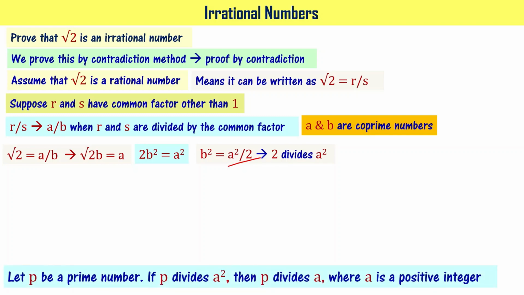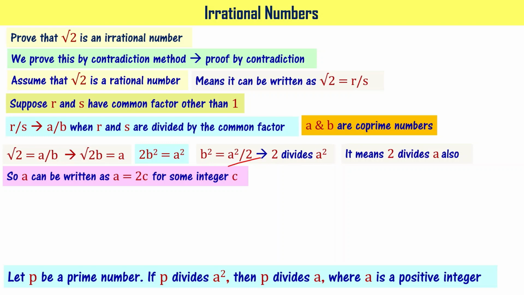Now you can recall the previous statement. Let p be a prime number. If p divides a square, then p divides a. So 2 is a prime number. Since 2 divides a square, I can say that 2 divides a also, right?